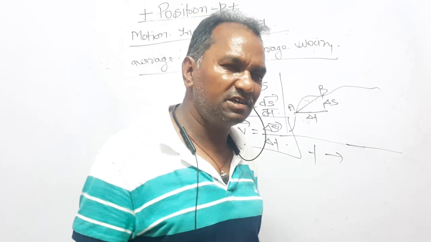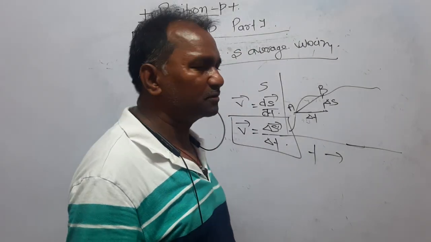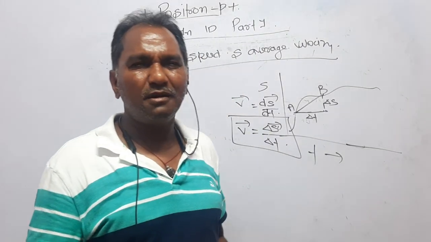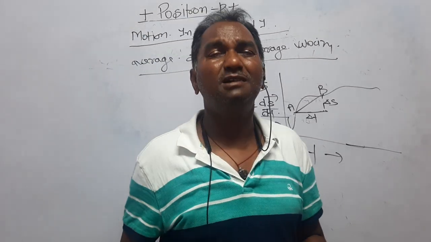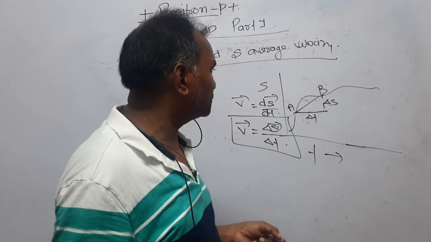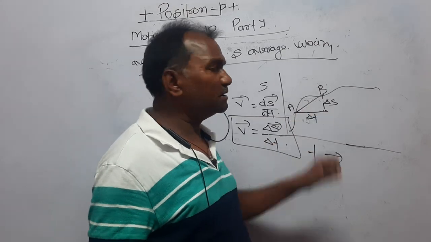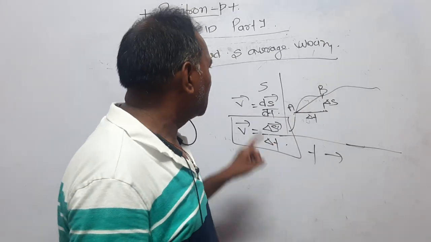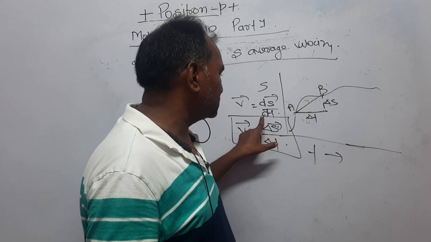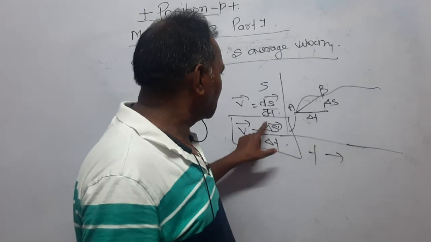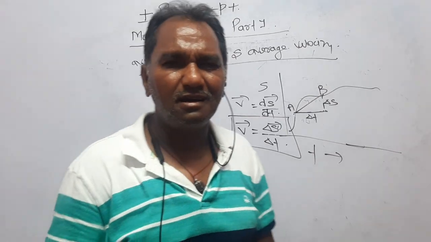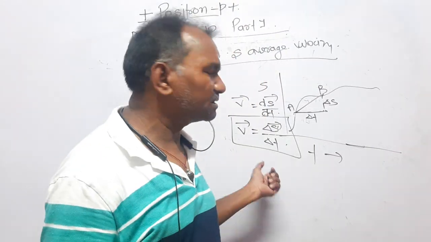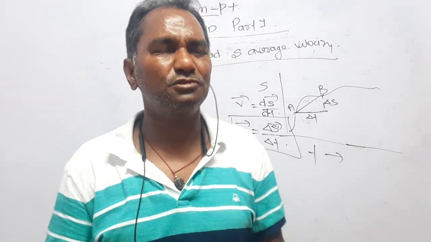Its velocities keep changing. That's why at that moment you have to introduce the concept of average speed or average velocity. Dear students, between A and B, if you want to find the velocity, v is equal to ds upon dt. ds and dt are just delta s and delta t. Delta s is the displacement between two neighboring points, and delta t is the time interval between those two points.